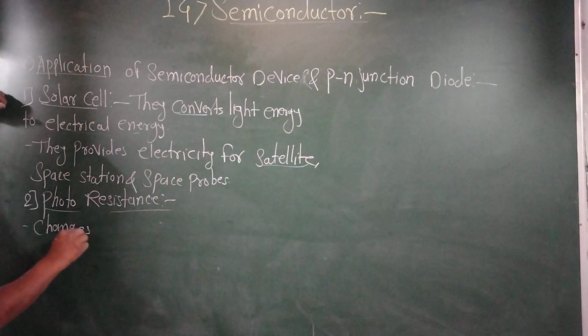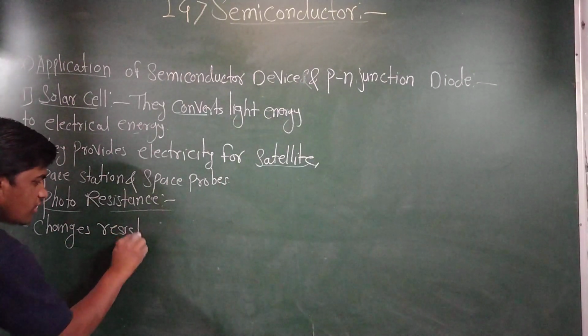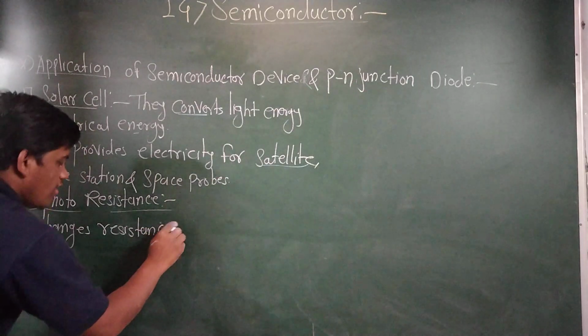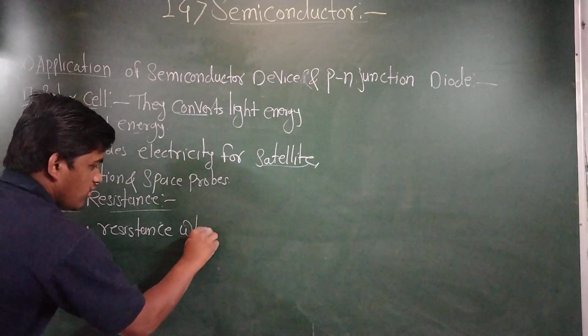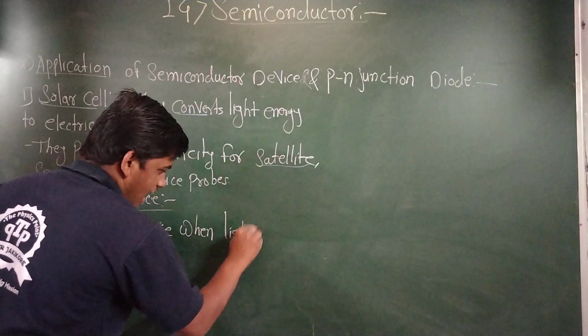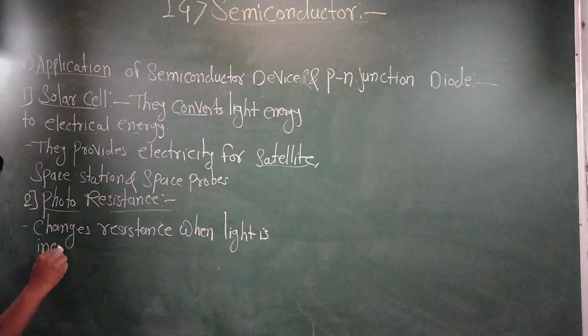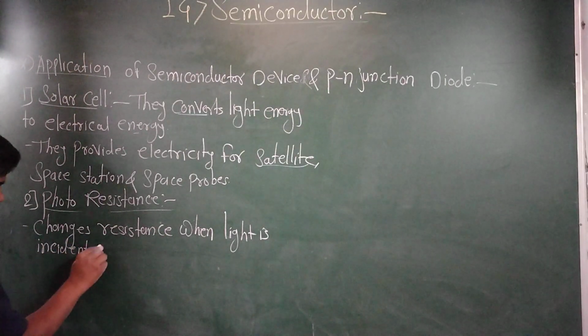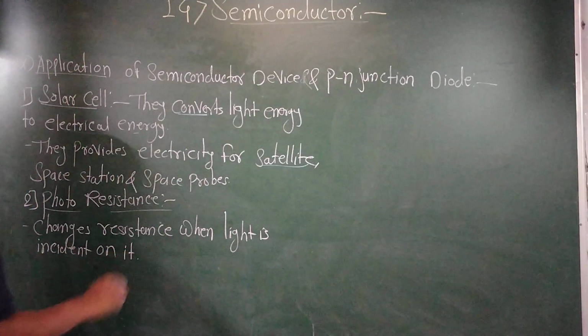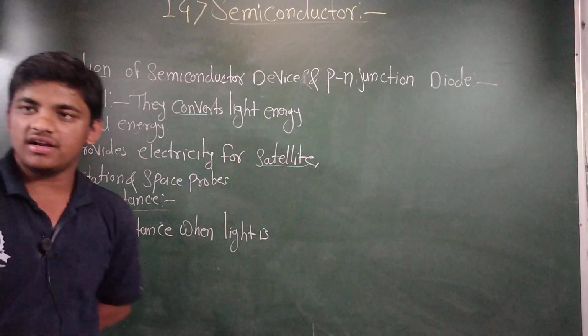The semiconductor used changes resistance when light is incident on it. This is the second application of semiconductor devices.